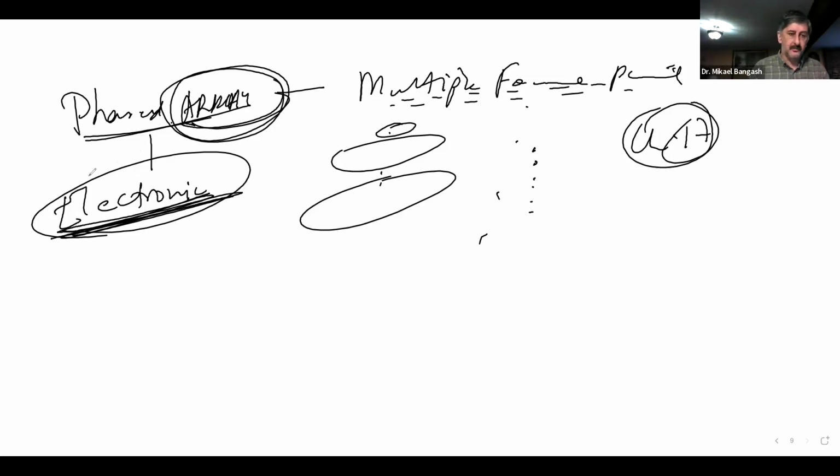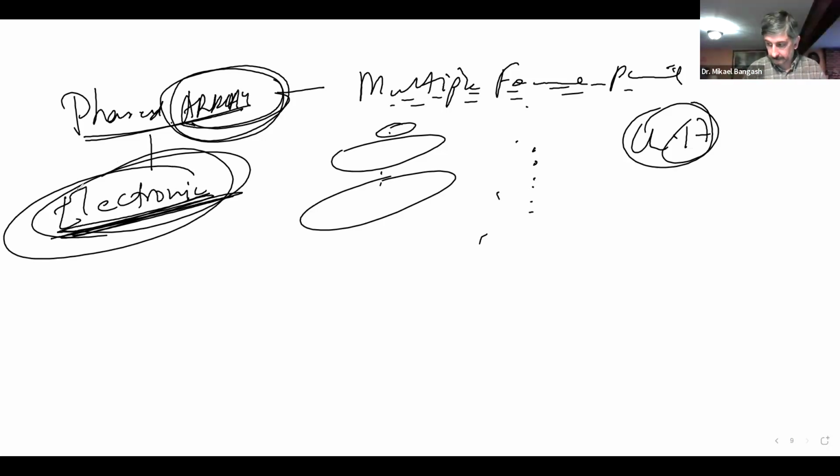So most of all, our array focusing is going to be electronic. Clear?